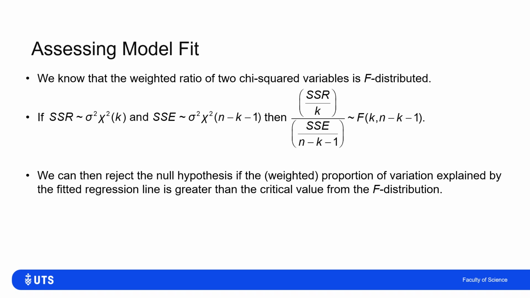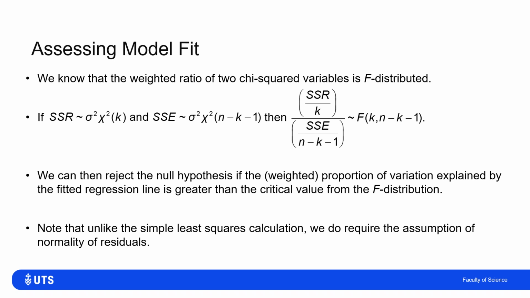And then you would reject the null if the proportion of variation explained by the fitted regression line is greater than the critical value. So if I'm explaining much more variation than would happen just by chance under the null model, I'd reject the null. Otherwise, I'd retain the null.